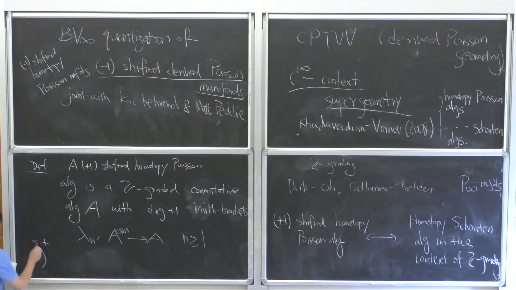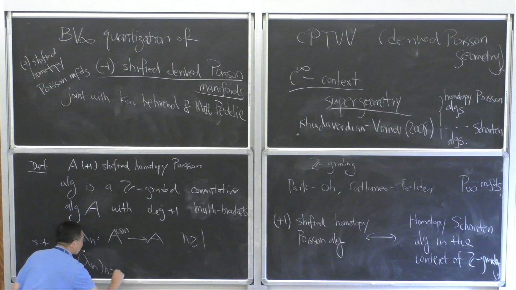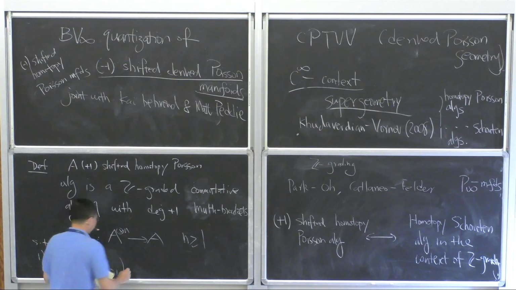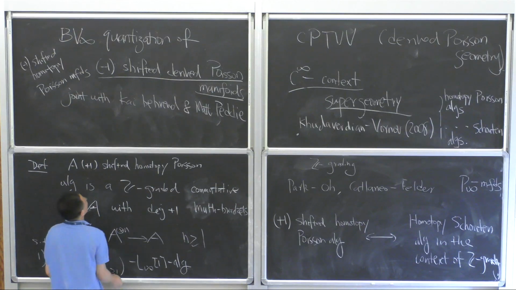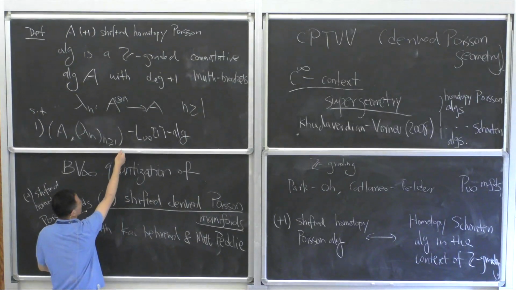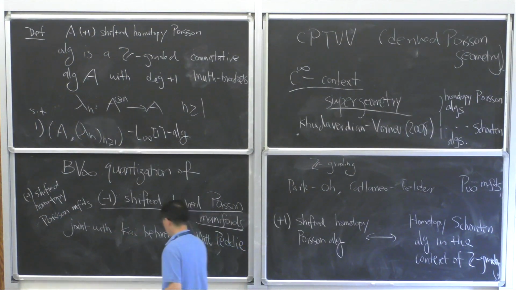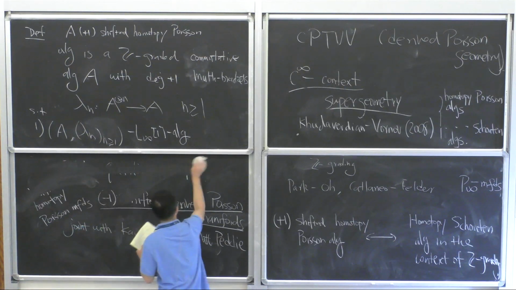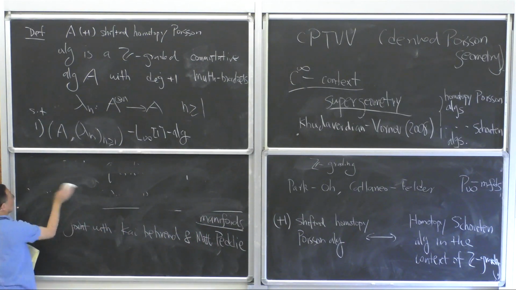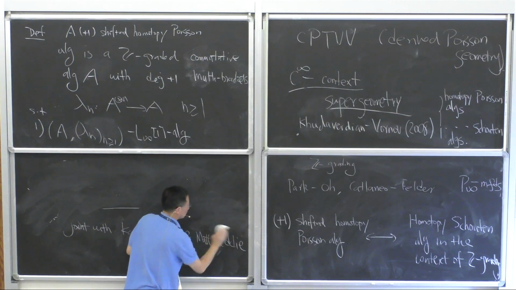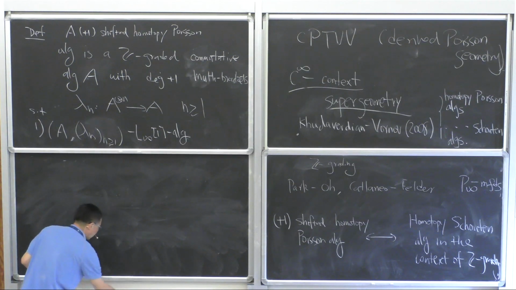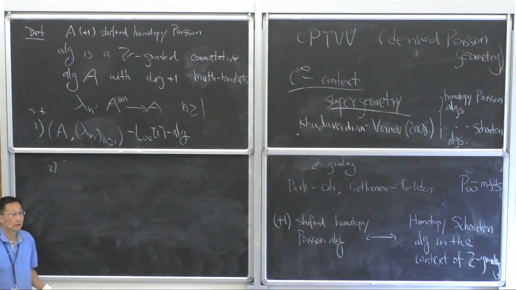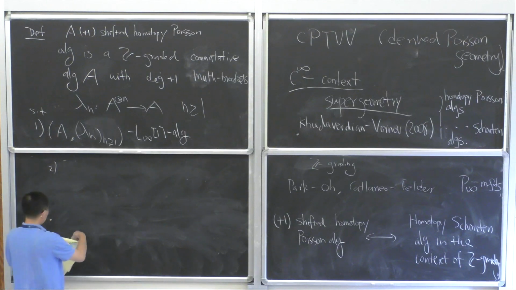such that A with all the lambda n, where n starts from bigger than or equal to 1, so it's not curved, is an L-infinity algebra, and the Leibniz identity holds for each argument.